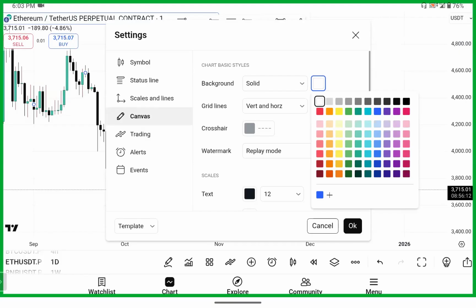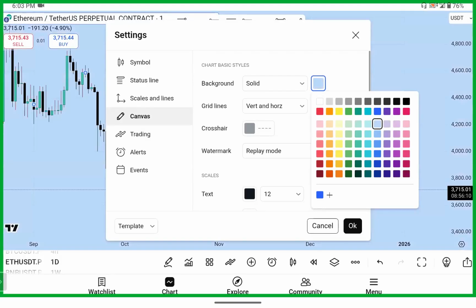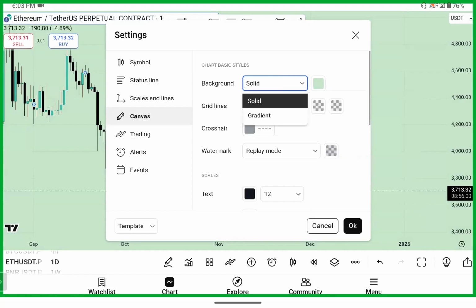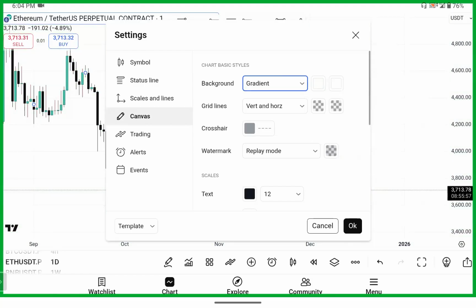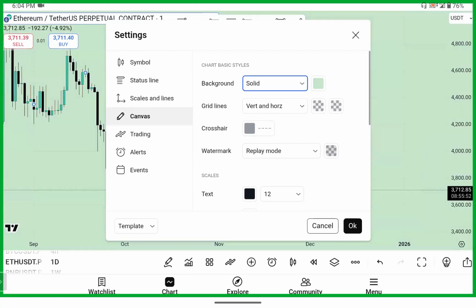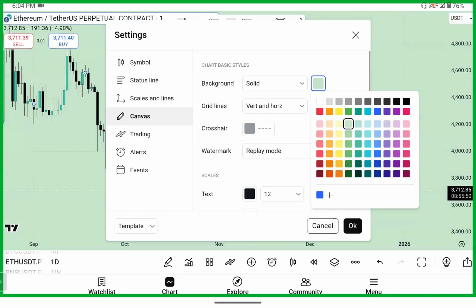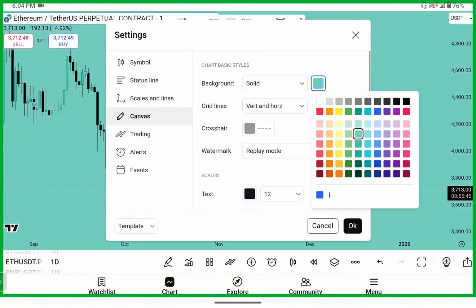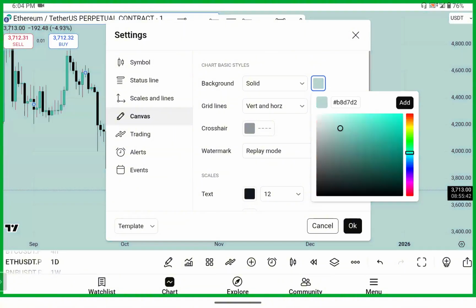So I will change the background to a color that I want. I choose the color that suits me. Let me use gradient. So I think solid is better.